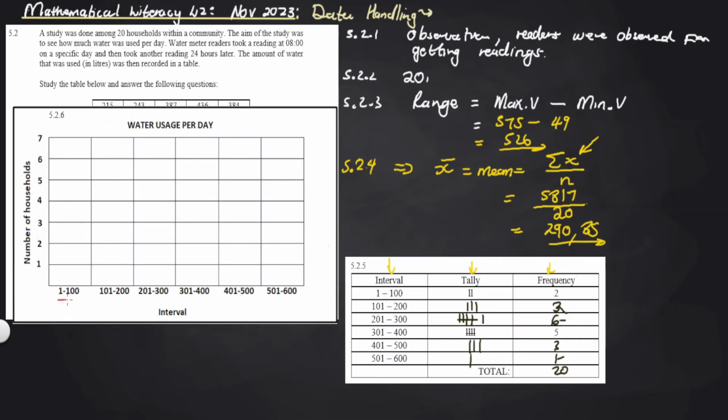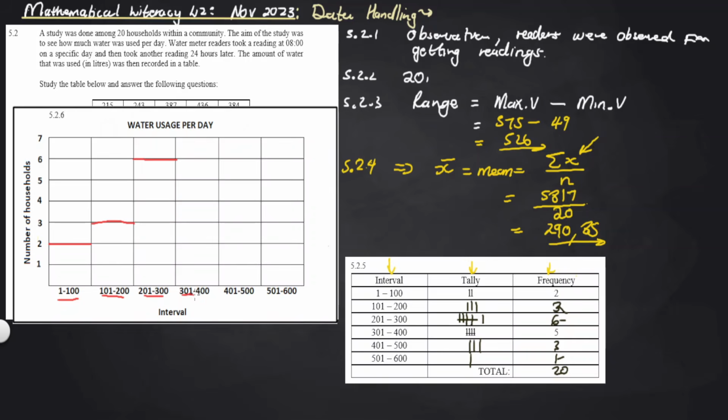Now from 1 to 100 we need 2. And then for 101 to 200 we need how many? 3. Then 201 to 300, we need 6.